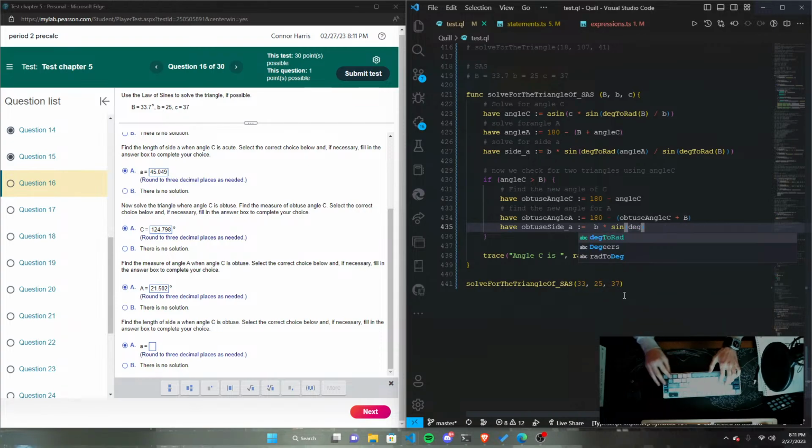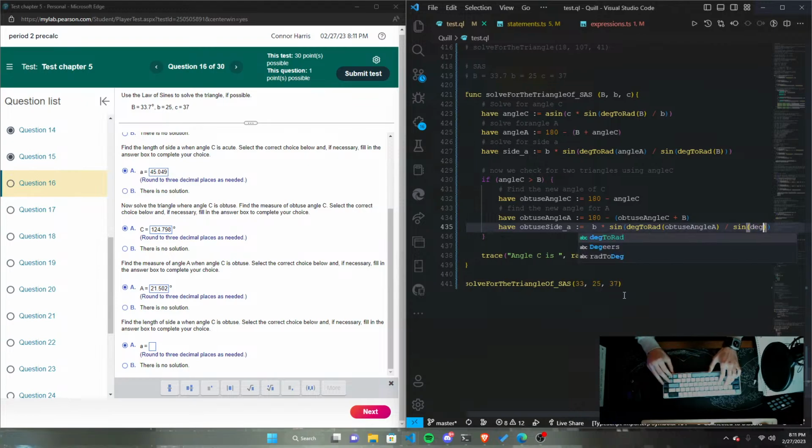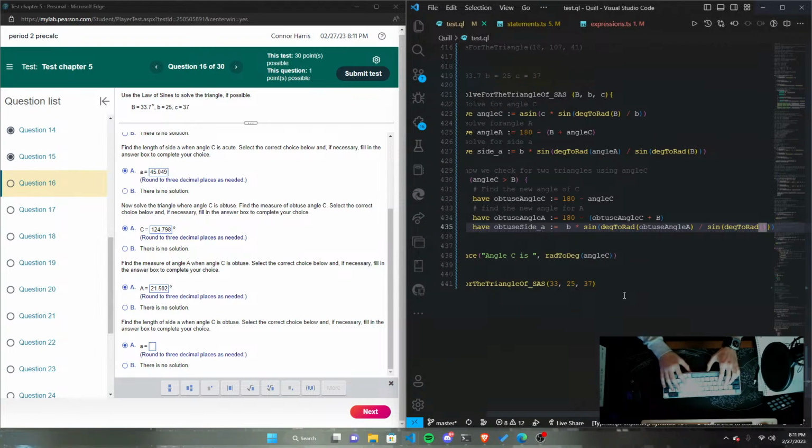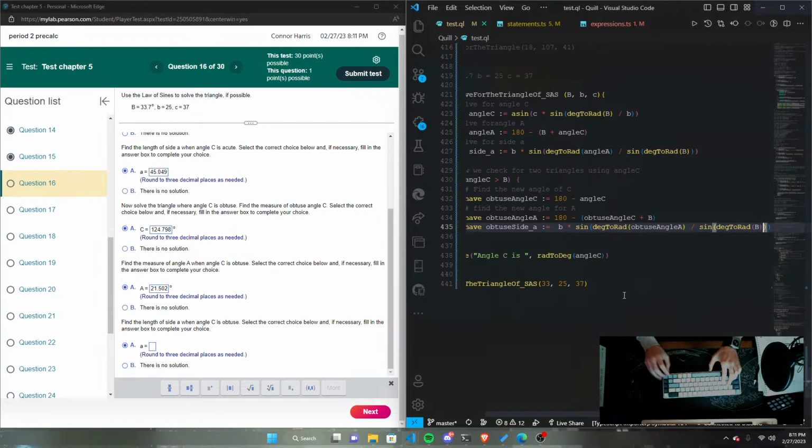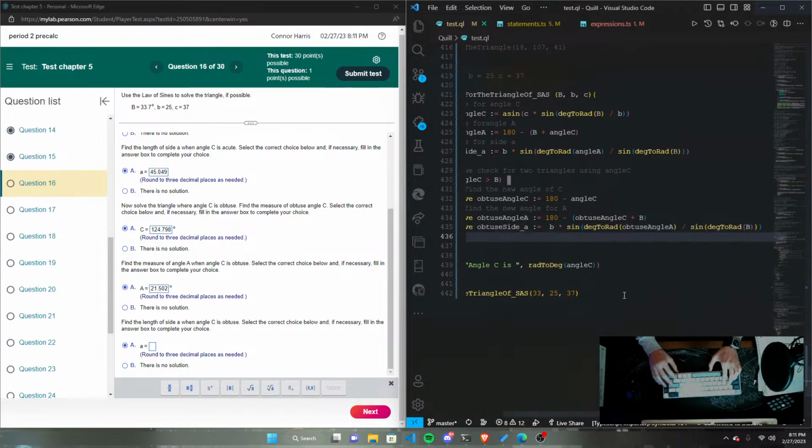We need to convert this to radians, the new obtuse angle of A, right? Yeah. So obtuse angle A, divided by the sine of degrees to radians of B. And that will give us our value.